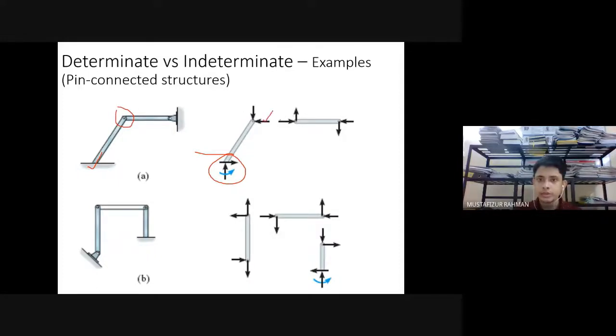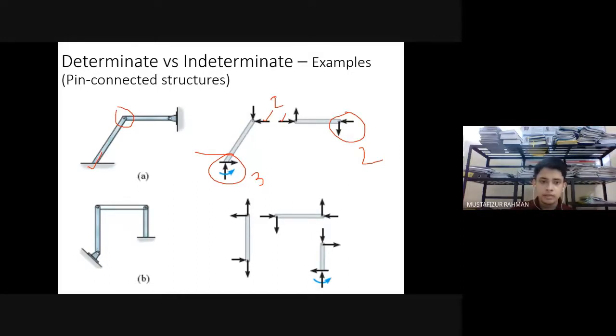This force is going to be equal to this force, but in the opposite direction. So ultimately they are going to be a single set of forces, and we have two unknowns here. So here we have three, here we have two, and here we have two. So we have 3 plus 2, 5, 5 plus 2, 7. How many equations can we write? We have two members, we can write 6 equations. Again, it is statically indeterminate.